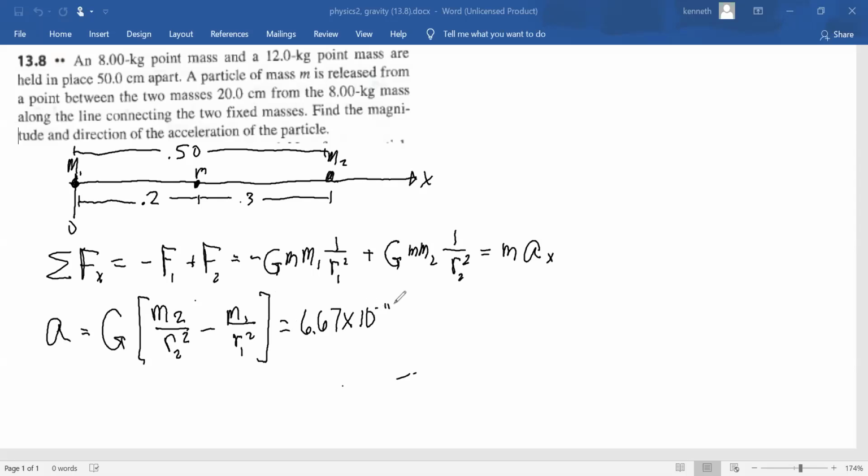And may as well do a little simplification here of what we can.